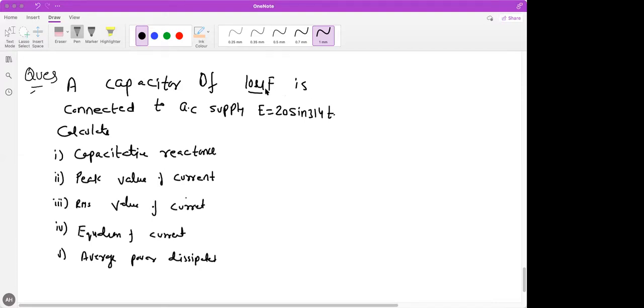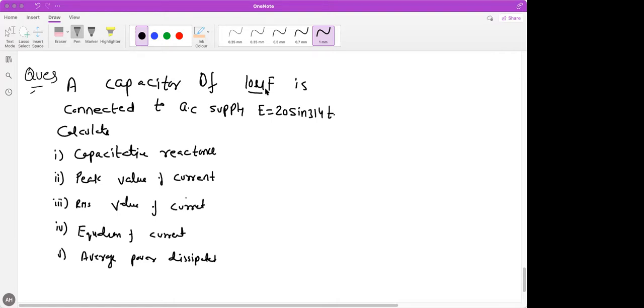Fatma, it's 10 microfarad multiplied with 10 raised to minus 6.